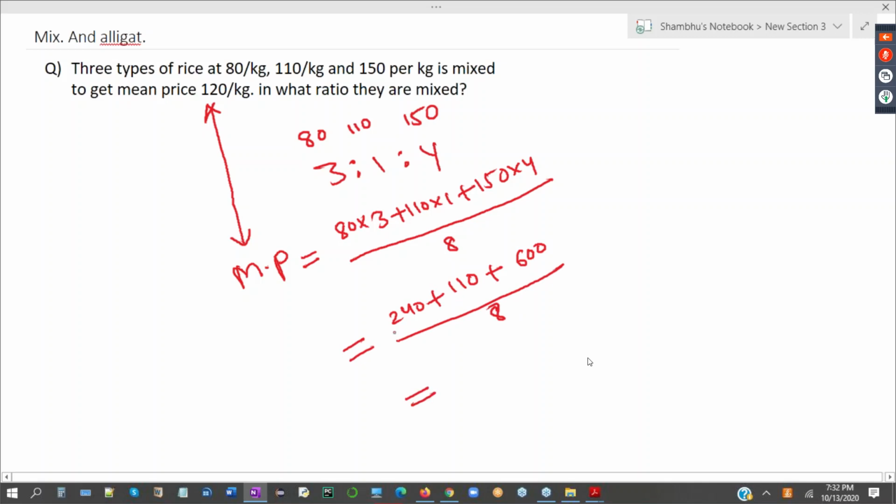So 950 divided by 8. It is coming 118 point something. But my mean price is 120. It's not correct. 3 is to 1 is to 4 is not correct.